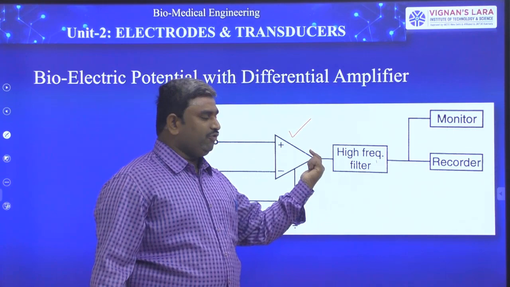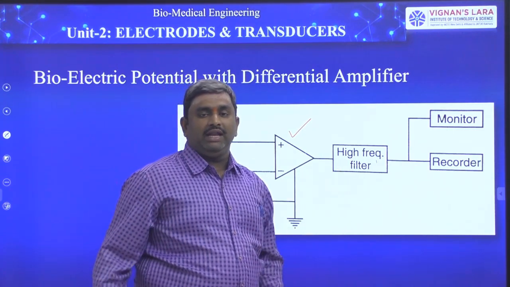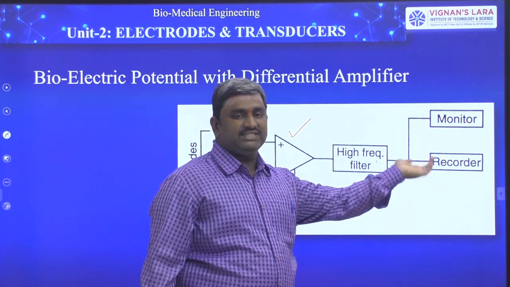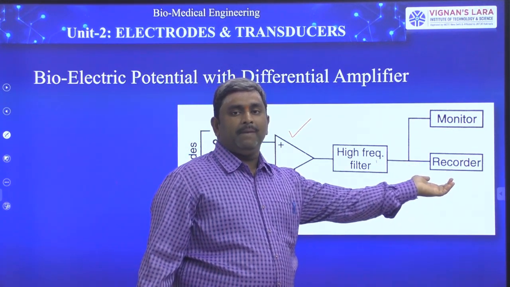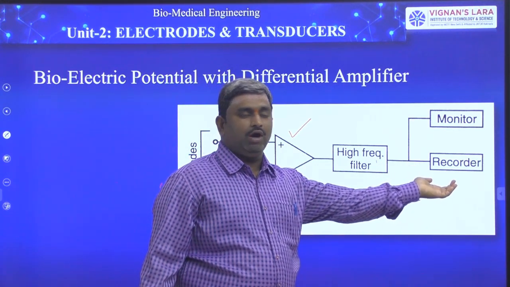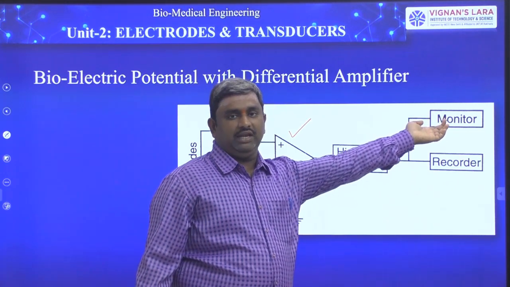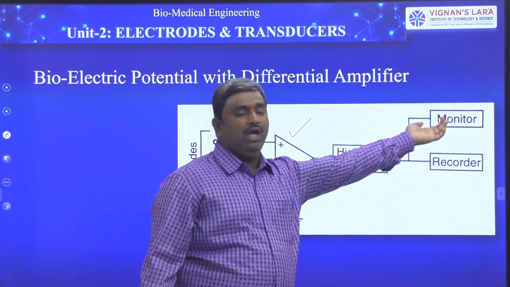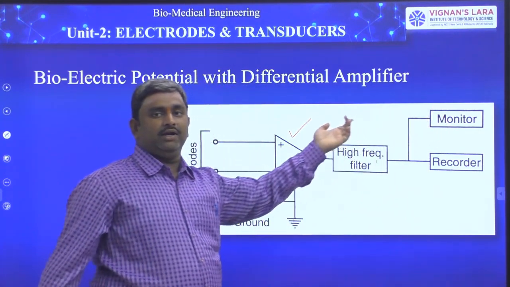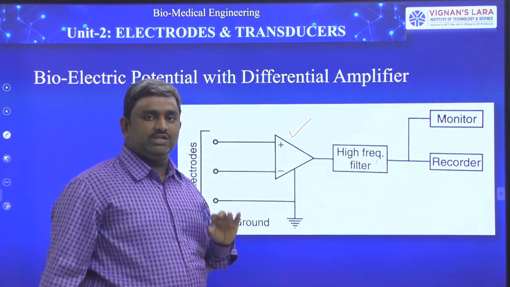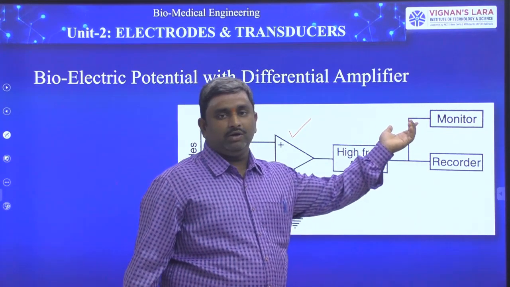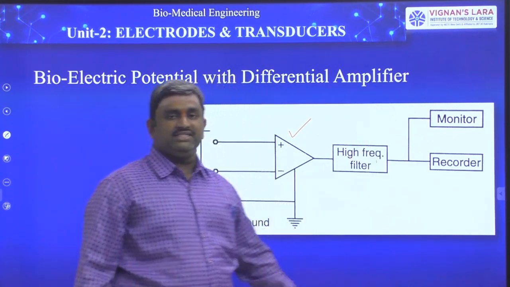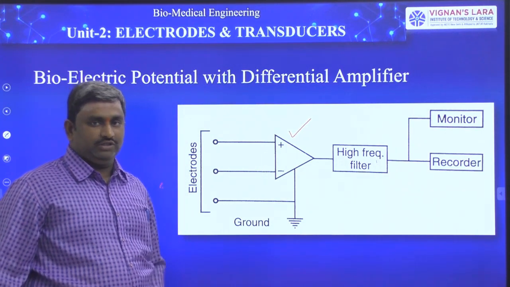From that output we eliminate the high frequency signals, and the remaining original signals we can see on paper using a recorder. Otherwise we can see them on a screen, that is a CRO, cathode ray oscilloscope, or LED or LCD screens. But in this unit we will discuss only CRT screens, because in the olden days we had only CRT screens. So in the monitor we can see those bioelectric potentials.